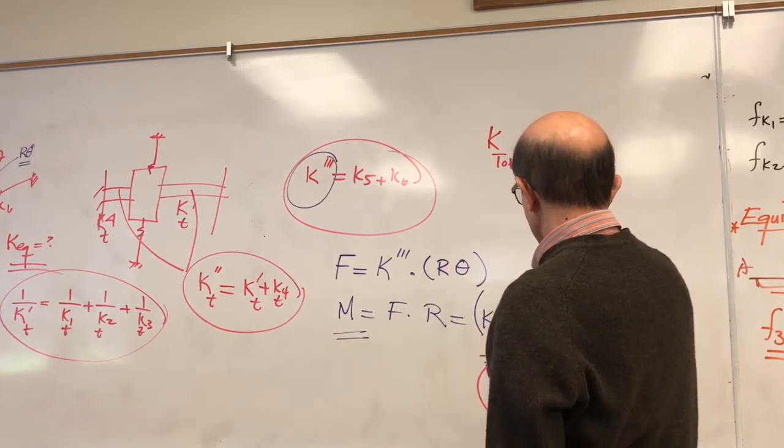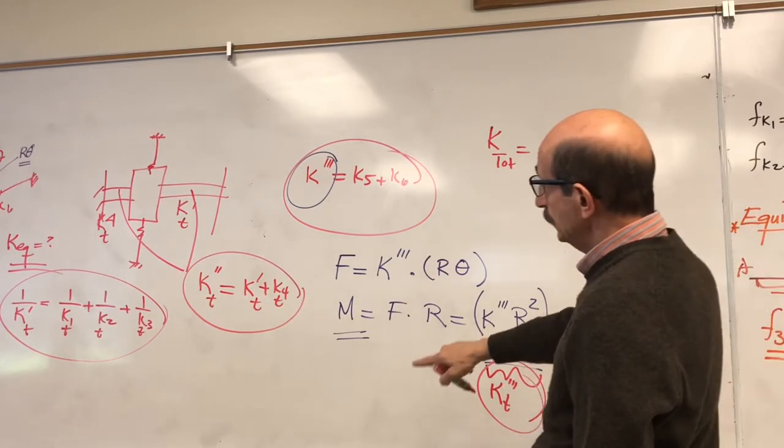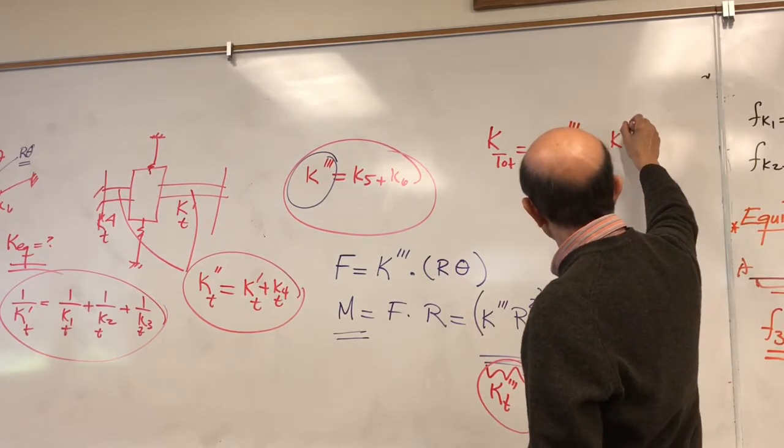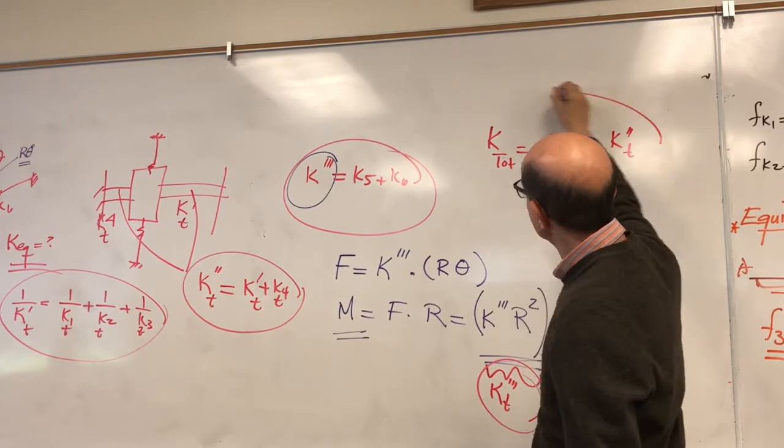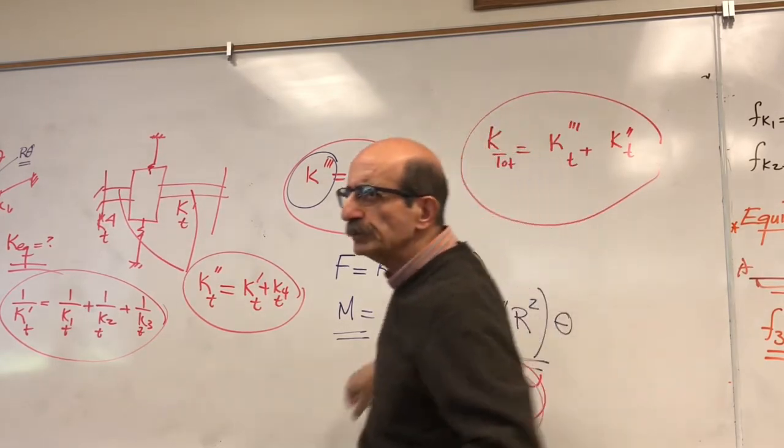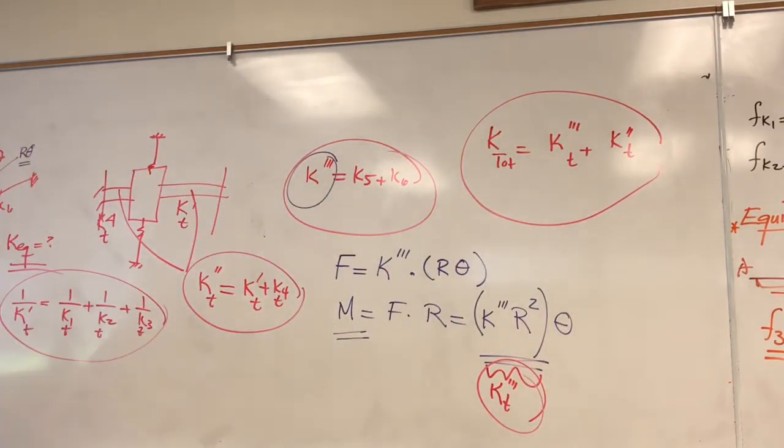Yeah, K triple prime T plus K double prime T, right? Of course, these are going to be some messy fractions, long terms and whatnot, but that's the concept. Any questions?